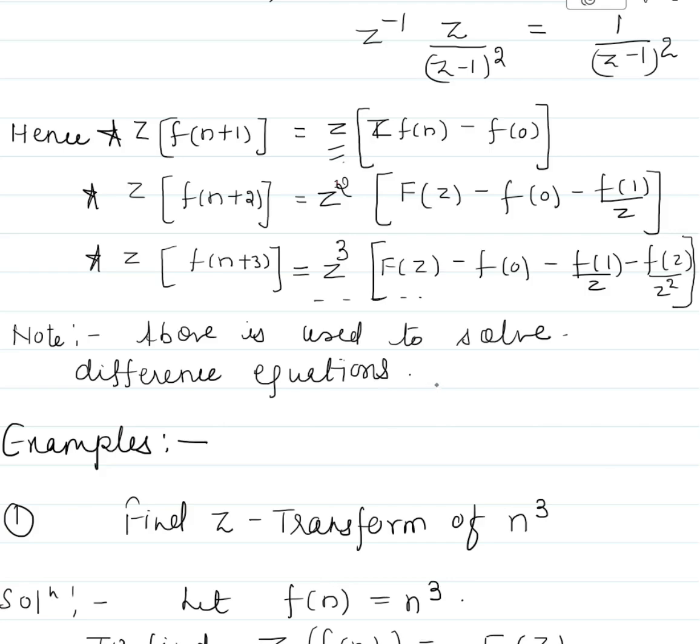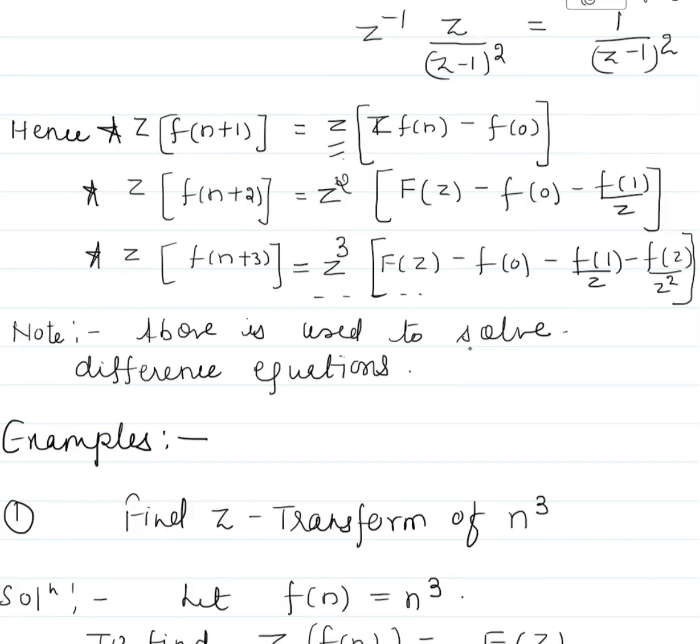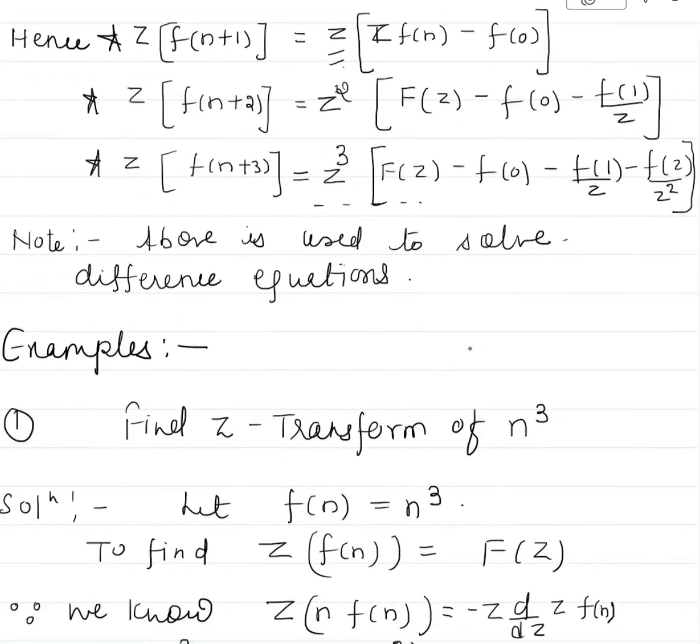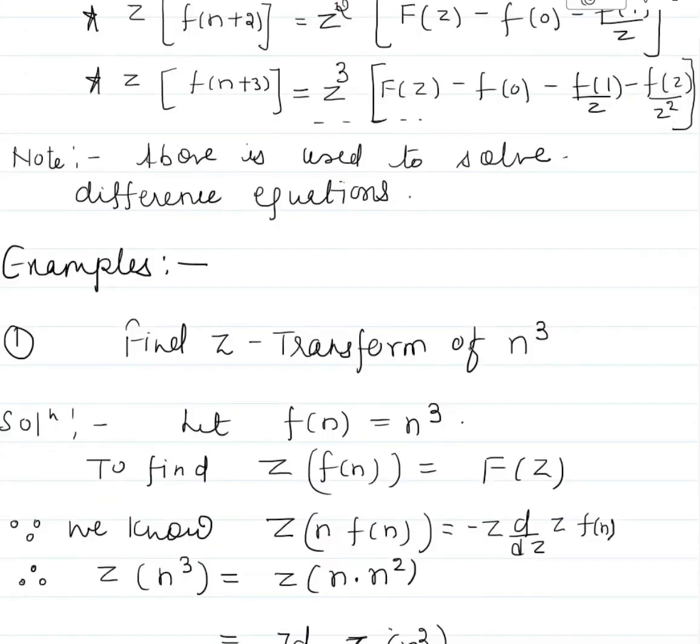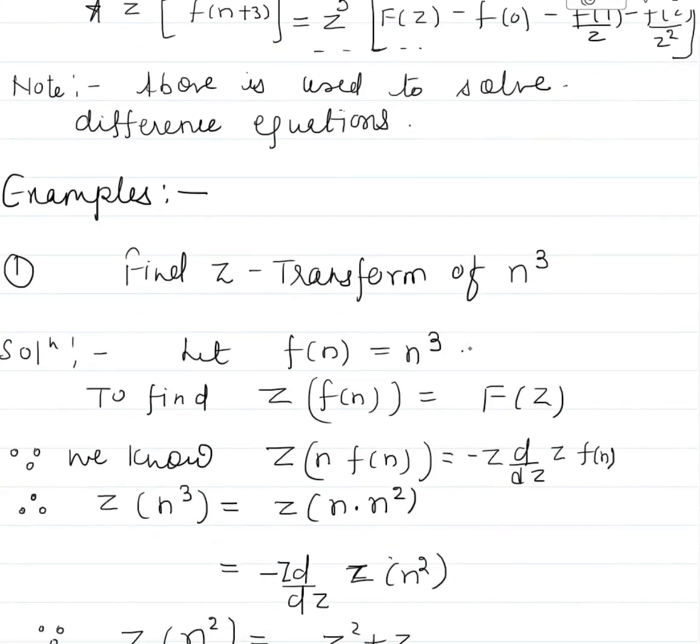We can find the solution of the difference equation by using the Z transform formulae. For this, first of all, we have to convert the difference equation into the Z transform function, then we can simplify it. This we will see in the next lecture, how we can solve the difference equation by the Z transform.